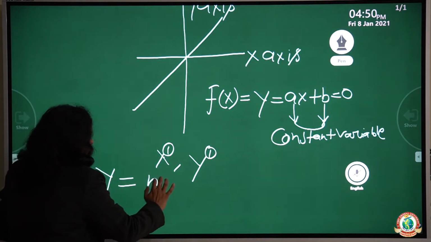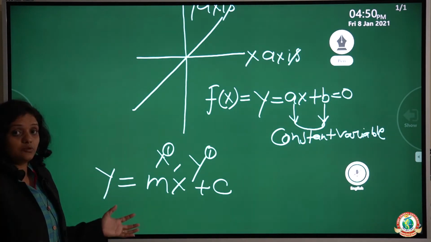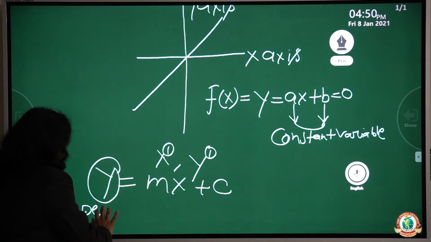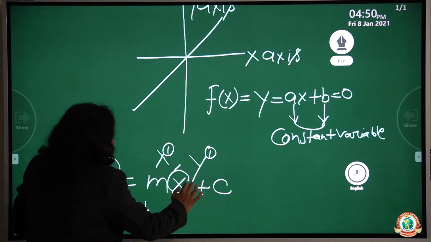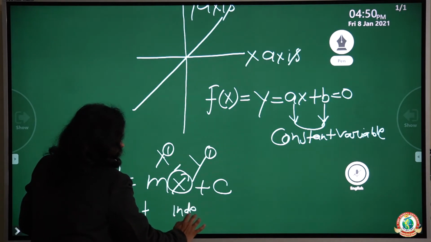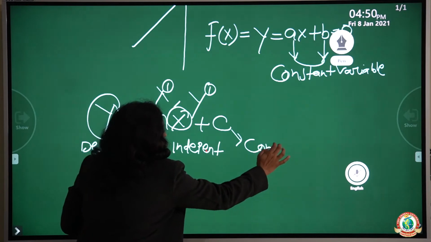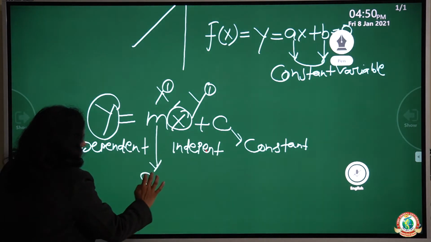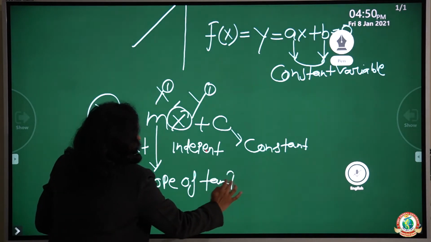y = mx + c. In this tangent equation, y is the dependent variable, x is the independent variable, c is the constant variable, and m is the slope of the tangent line.